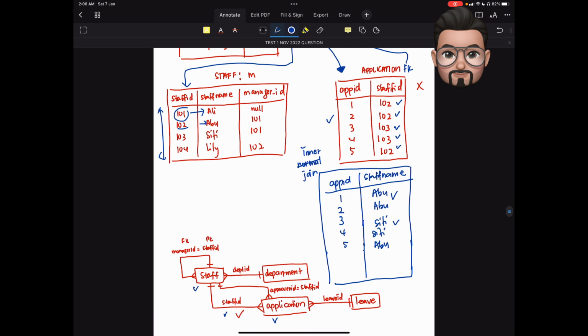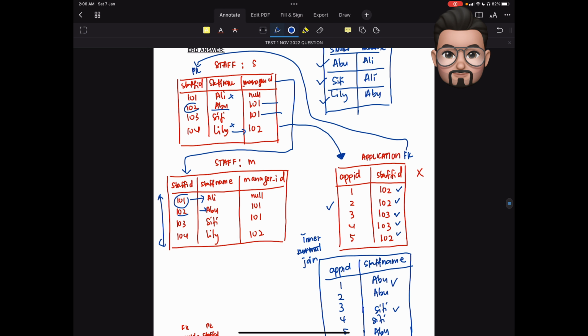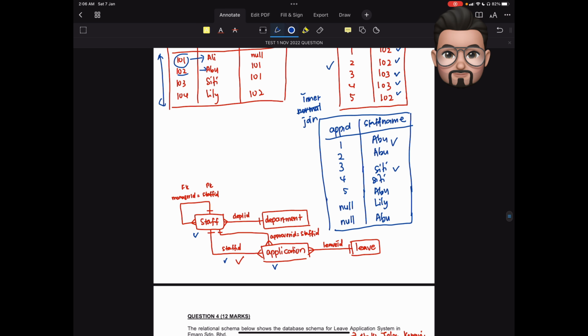So their application is null for Lily and for Ali. So only these two staff haven't made any application. If we join and we have null, we need to use an outer join.